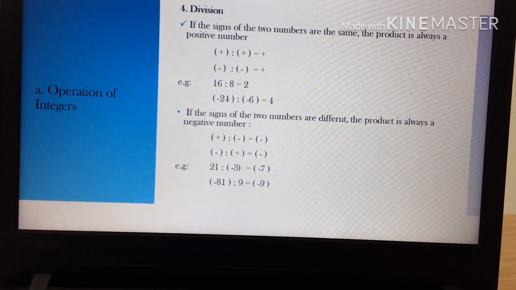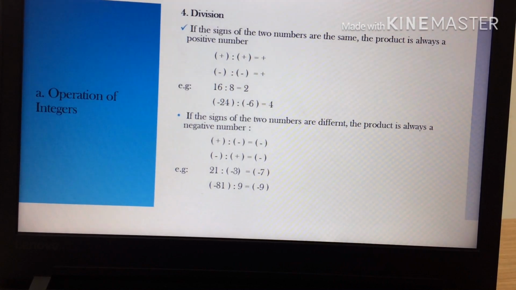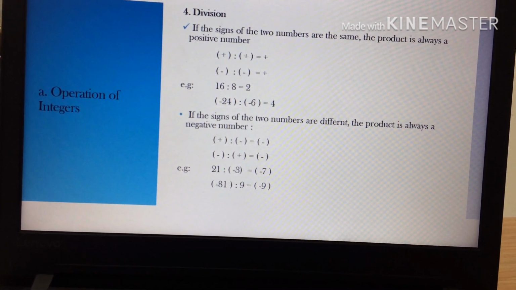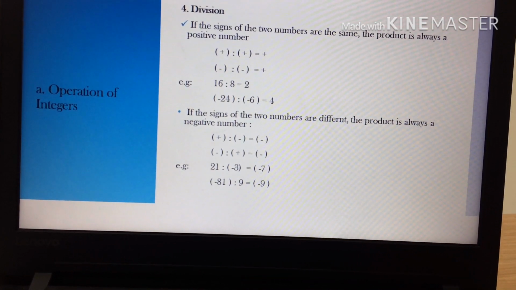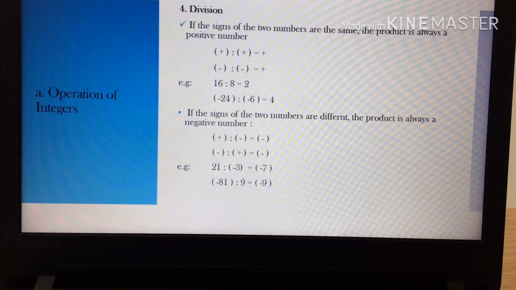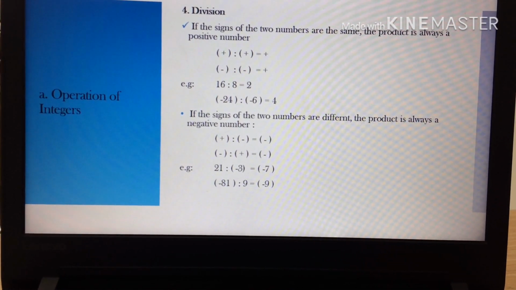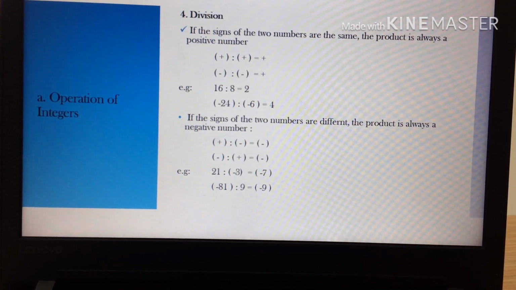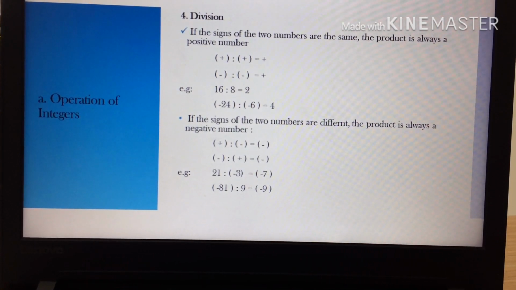For example, the first example is 21 divided by negative 3 equal negative 7. And the second example is negative 81 divided by 9 equal negative 9.